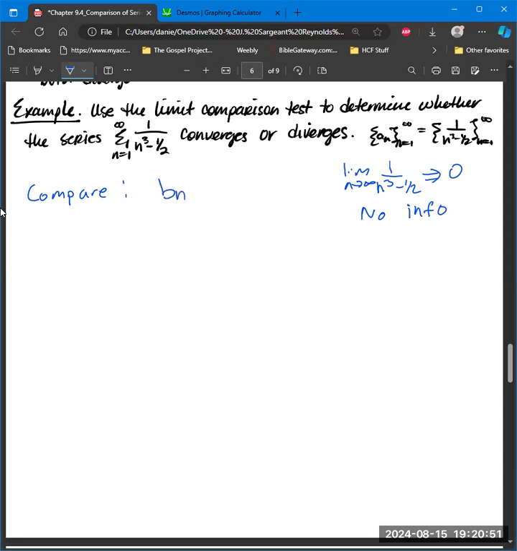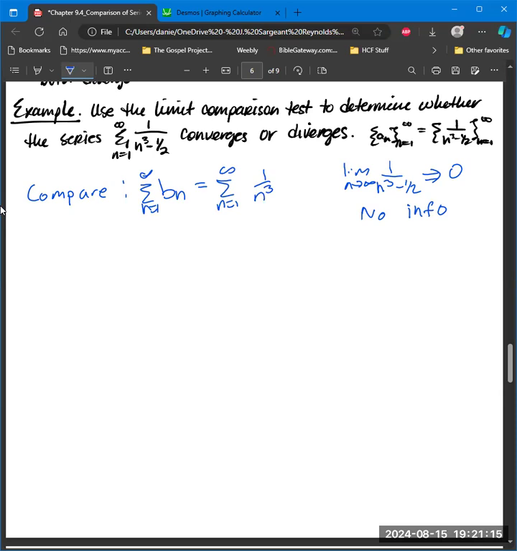Let b_n be equal to 1 over n cubed. That's a p-series that I know what it does. It converges.